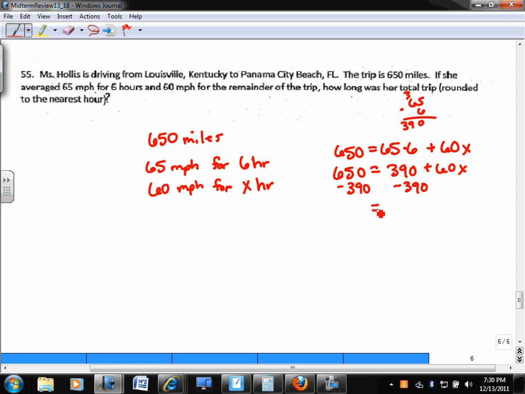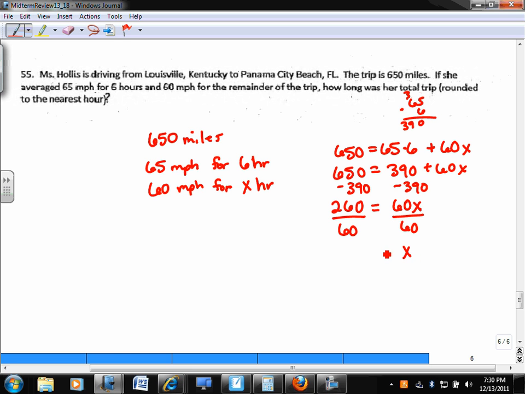So let's subtract 390 from each side. Well, if we subtracted 400, that would be 250. So we're going to have 260 since we only subtracted 390. And that's going to equal 60x. Okay, so let's divide both sides by 60.